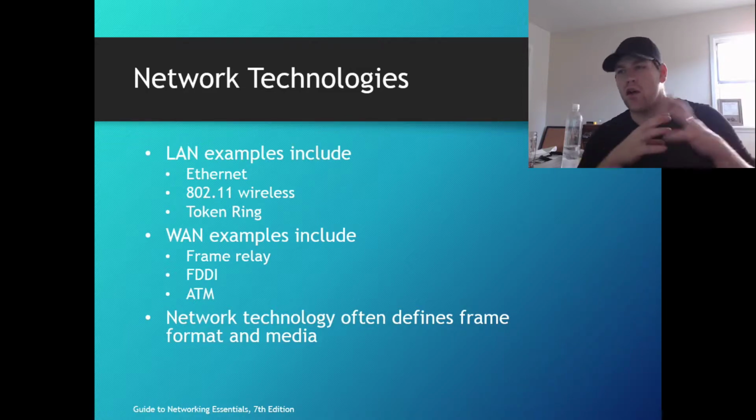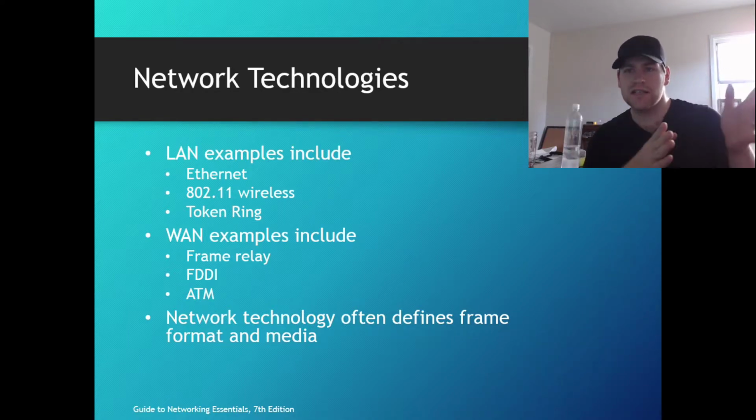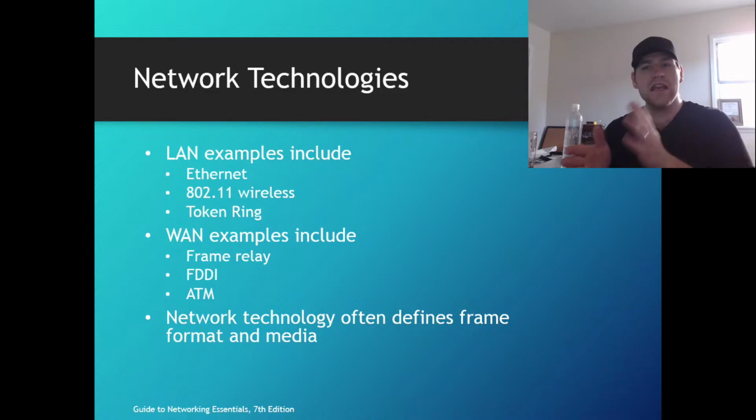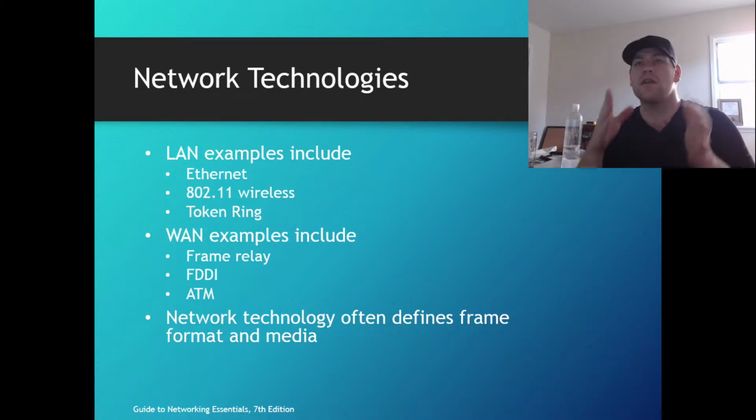The network technology also defines the type of medium that's being used. Usually the media can change, but the technology will generally stay the same regardless of the media. I'll get into that when we're talking about Ethernet.